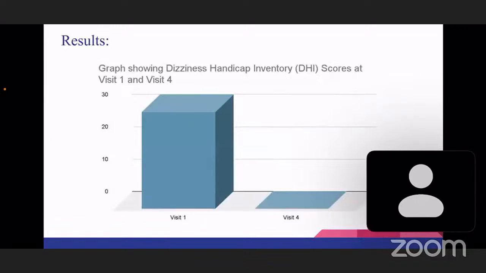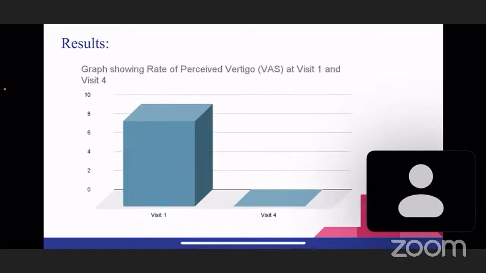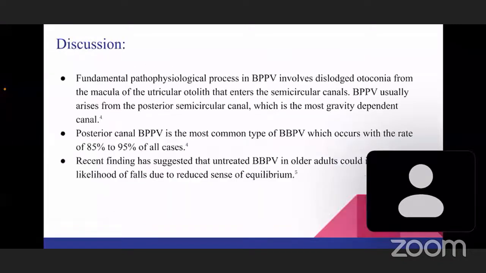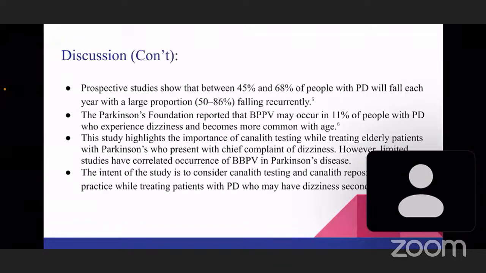As you can see, the DHI score dropped significantly after visit 4, and the same with the rate of perceived vertigo. Also, the DGI improved.